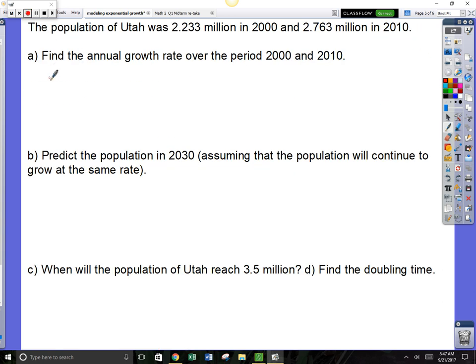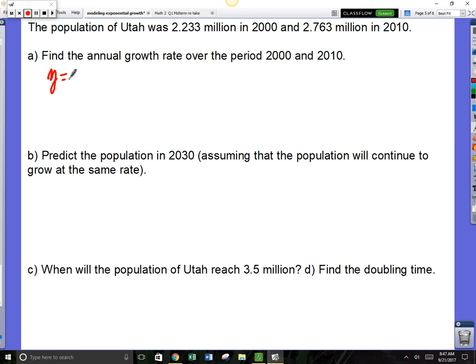So your continuous model, the outcome is going to be the initial value times e to the k times t. Now we need to find the k. The k is kind of your rate of growth, and that's what we don't know.